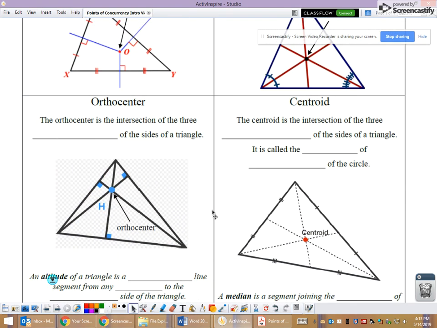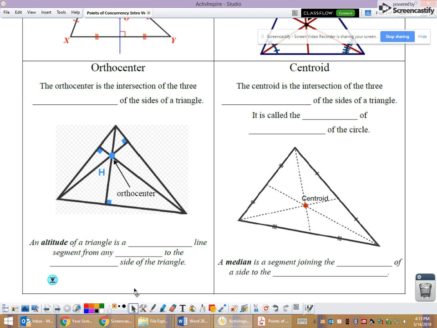Moving along, we have an orthocenter. Well, an orthocenter, you may have figured out by the bolded word towards the bottom, is the intersection of what we call altitudes. So an altitude, you can maybe see it in the picture. These are lines that are perpendicular, but don't necessarily bisect, right? I don't have these congruent markings.